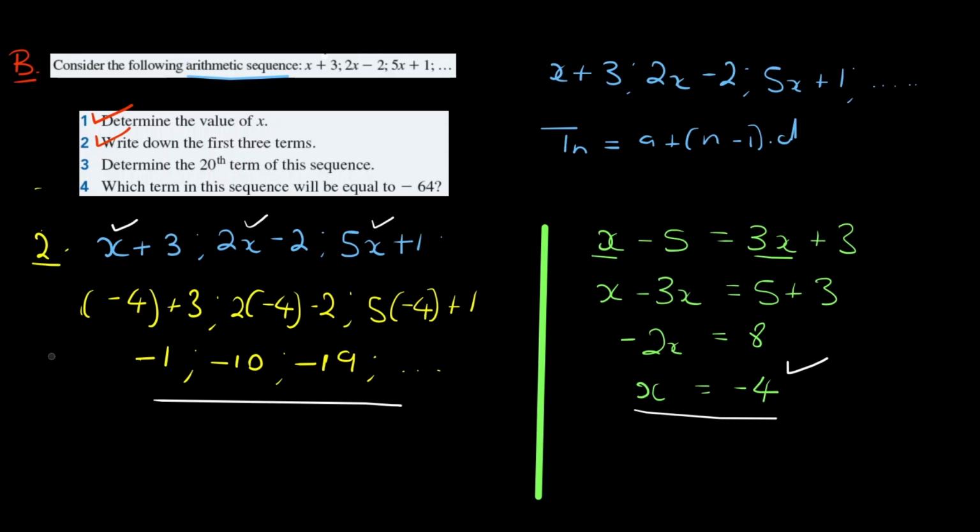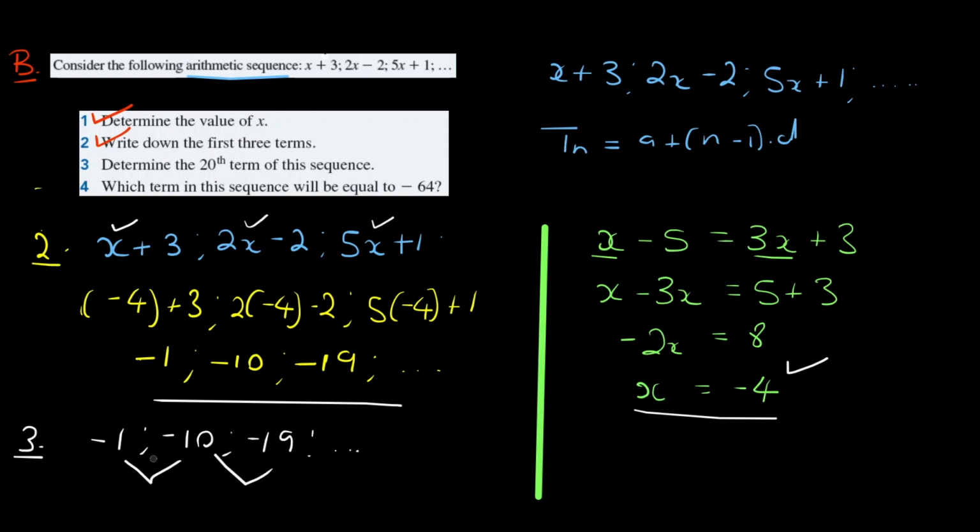To calculate the general term, remember we're given the sequence, or we just discovered that our sequence is -1, -10, and -19. What we need to do now is construct our line of differences to determine our common difference.